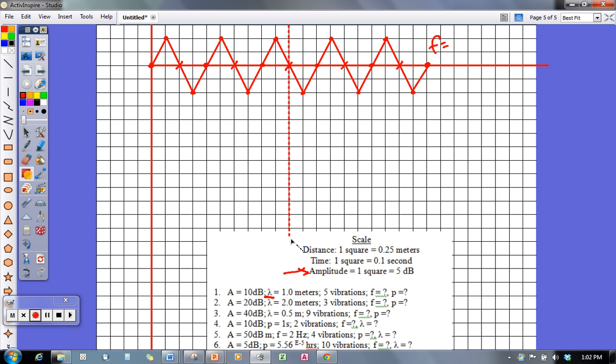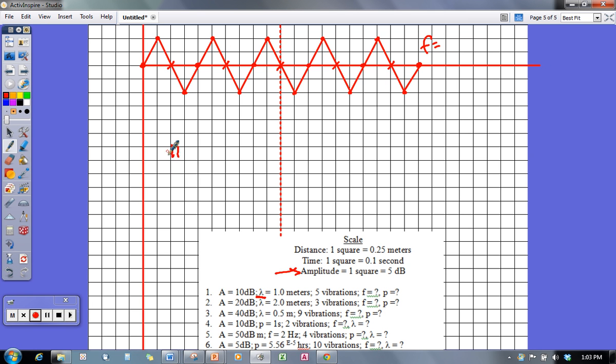Okay. Now, our definition of frequency is number of waves per second. Okay?